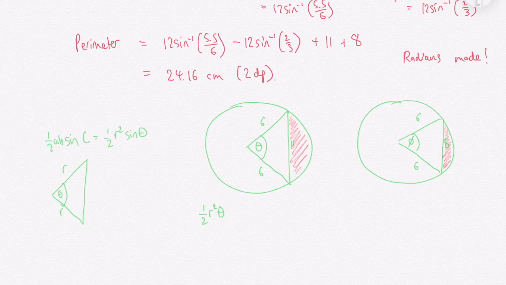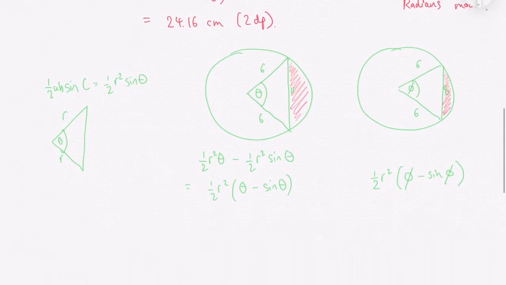So if we want to subtract the area of the triangle, we are subtracting a half r squared sine theta. Factorising that, we get a half r squared times theta minus sine theta. Similarly, in the other case, the area of the shaded area here is going to be a half r squared times phi minus sine phi.